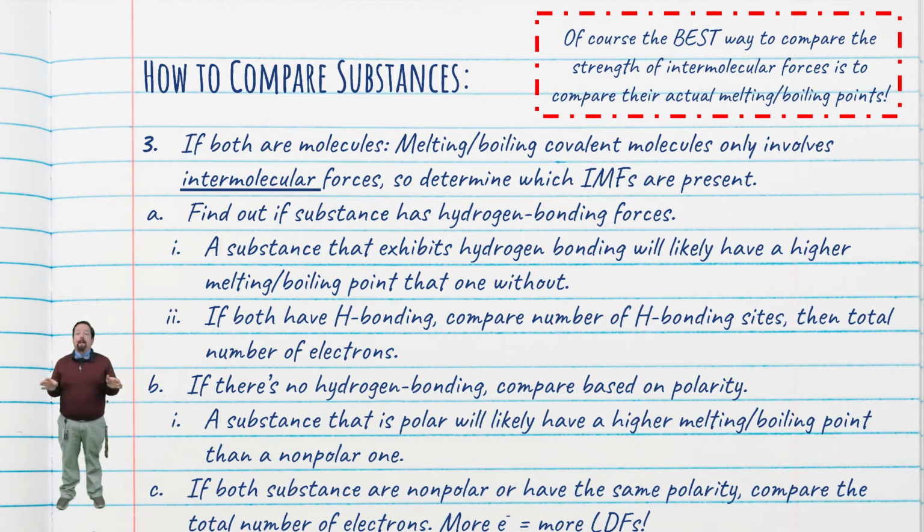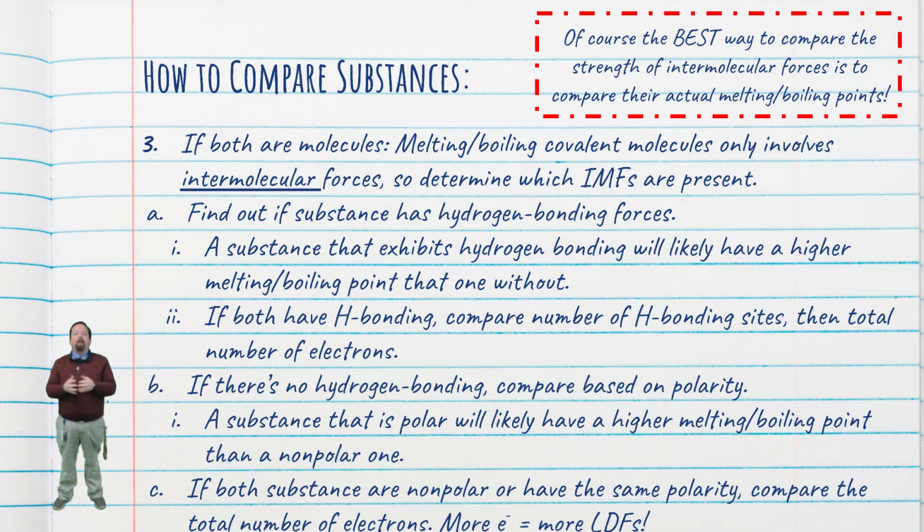If neither molecule has hydrogen bonding, look for whether or not the molecule is polar. A molecule is polar if it has polar bonds and they don't cancel each other out. Essentially, one side of the molecule has all the partial negatives and the other side has all partial positives. So if one is polar and the other is not, the polar one has more attraction with its dipole-dipole forces.